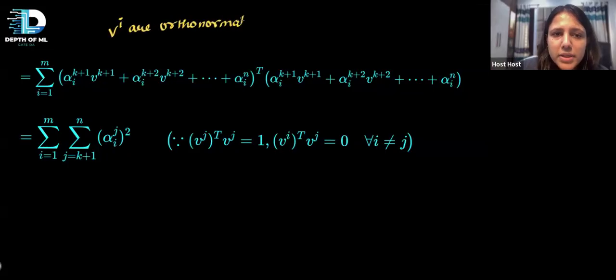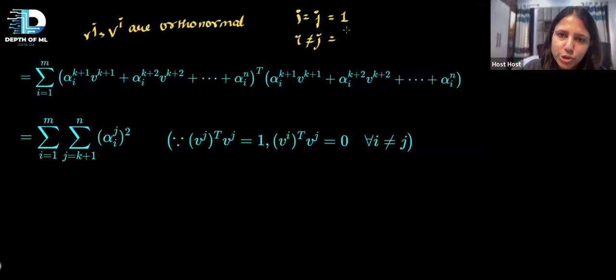What it means when they are orthonormal: if I take vi and vj, whenever i is equal to j, then the dot product of these two vectors will give me 1. And whenever i is not equal to j, because they're orthonormal, perpendicular to each other, it gives me 0. Make sense? So hence I will be just left with the scalars.